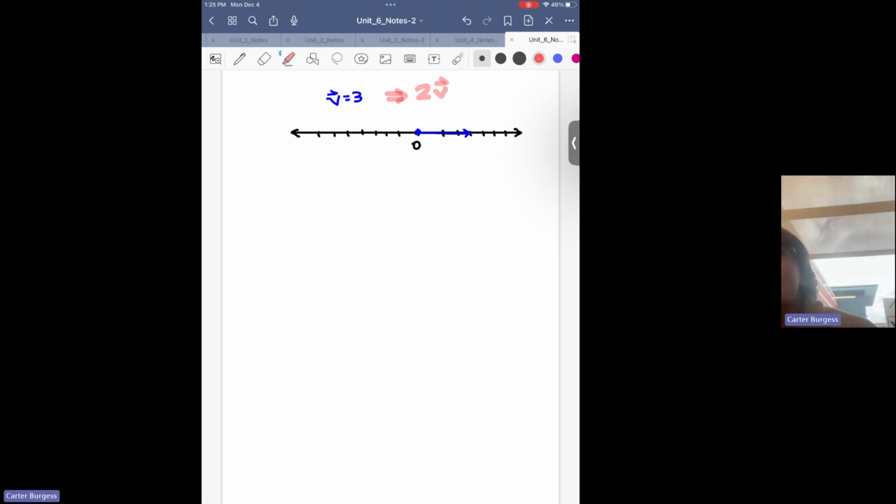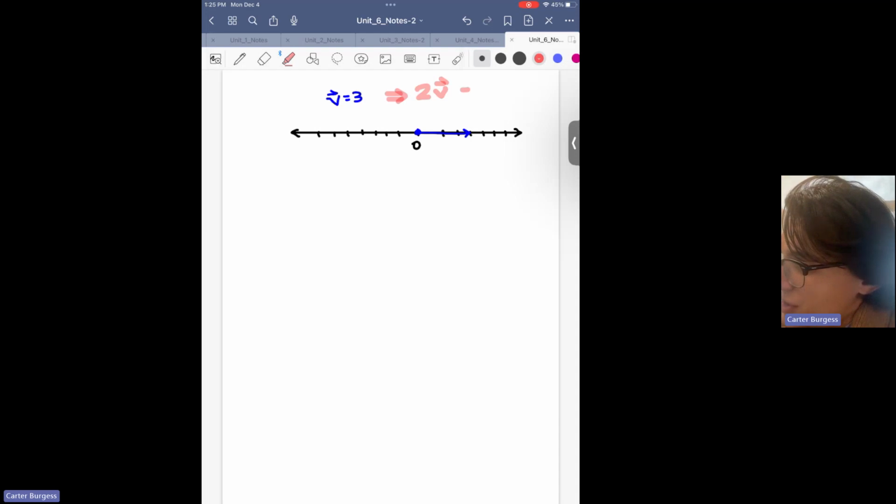What does this 2 do to my original vector? It doubles it.